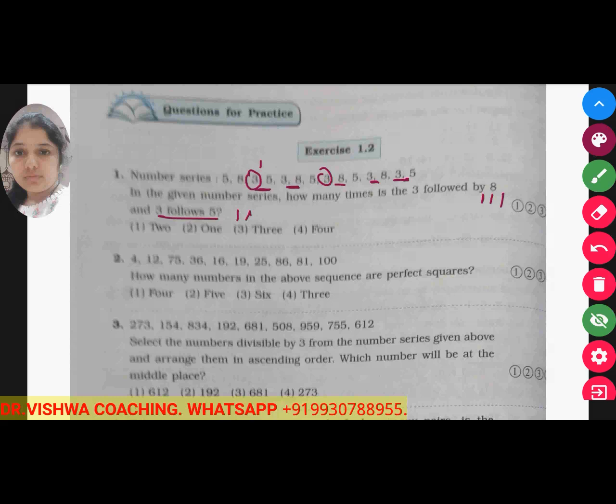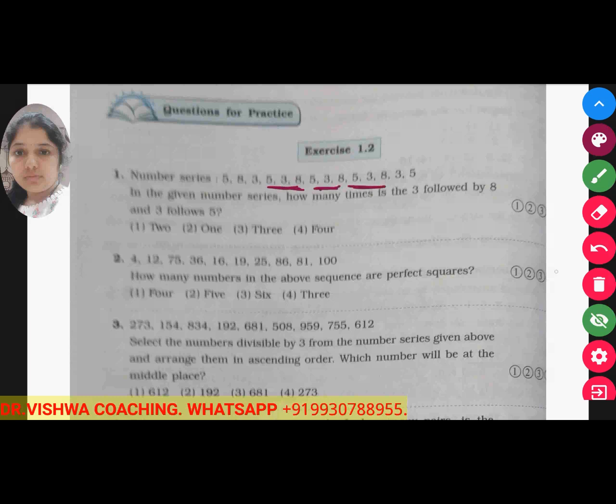So here we have to check whether 5, 3, 8 are there in sequence, not only the 3 followed by 8 or only the 3 that follows 5. We have the 5, 3, 8 pattern. So check where there is a 5, 3, 8 pattern. Here is a 5, 3, 8 pattern. Here there is a 5, 3, 8 pattern.